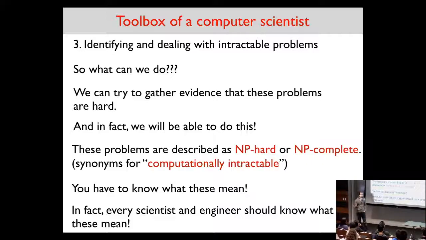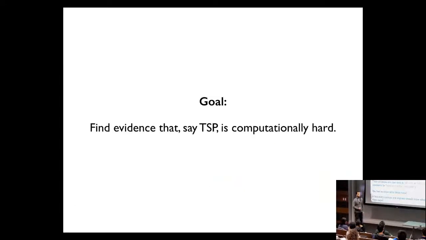In every field, people are trying to solve computational problems. And in every field, these intractable problems are going to come up, for sure. So when they do come up, how can you identify them as intractable? And how do you deal with them? You have to know these things if you're a scientist or an engineer.